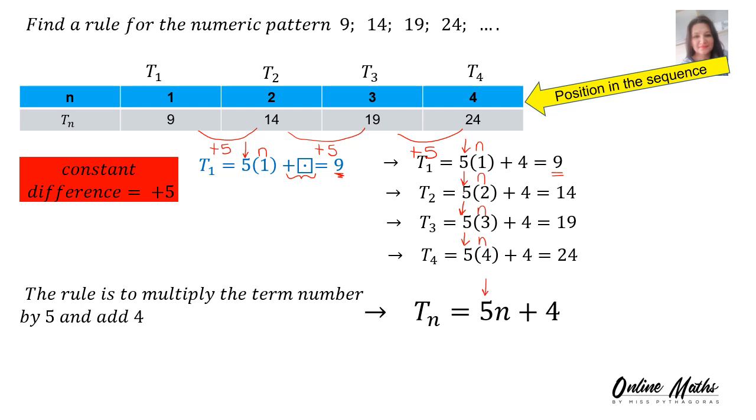Constant difference times n plus 4 for this sequence. And this formula for the general term, you can also refer to it as the nth term. And in the end, we can use that formula to find the value of any term in your sequence.